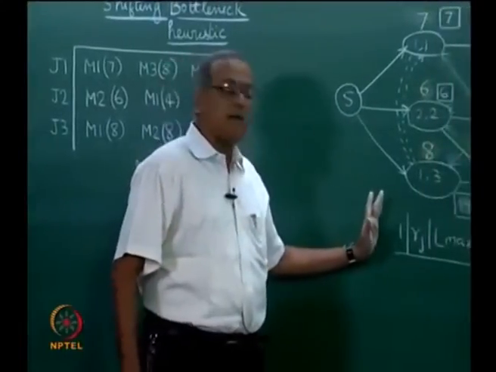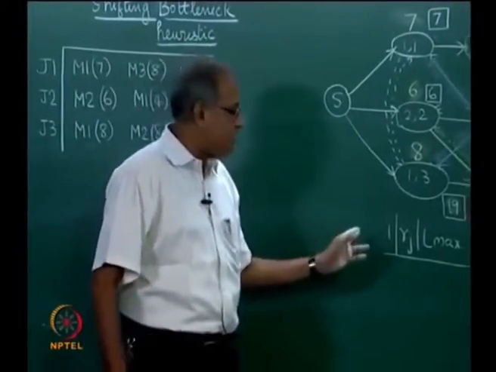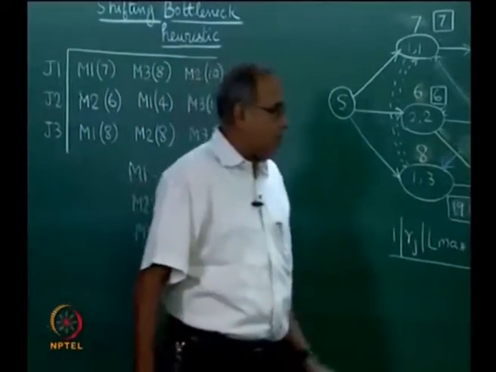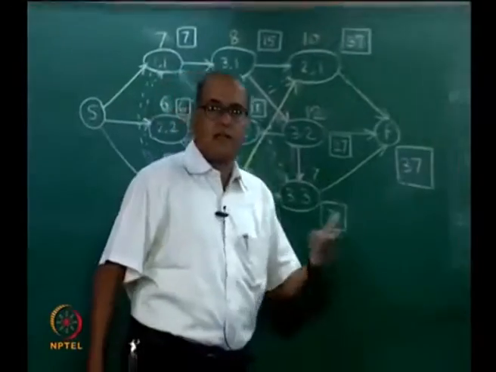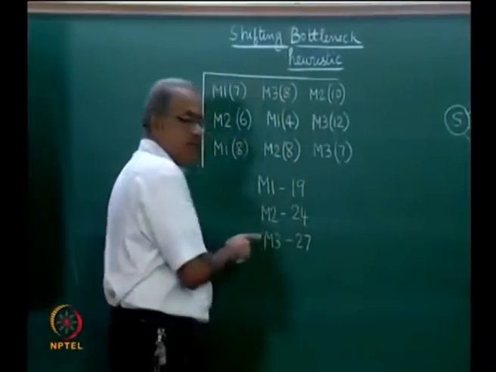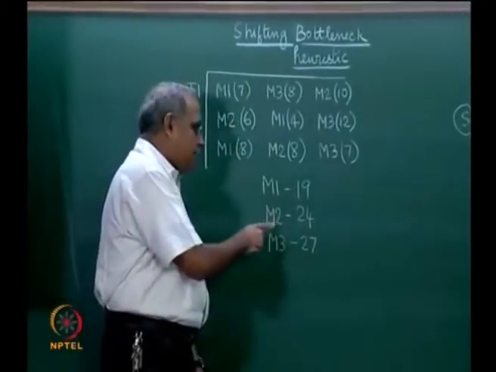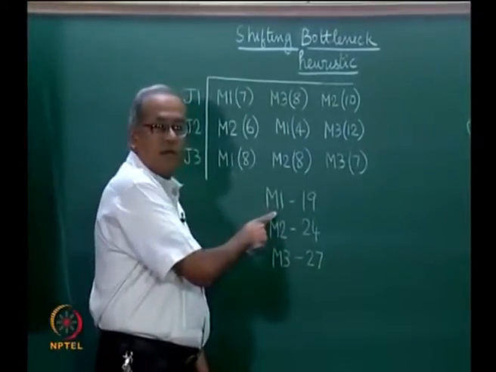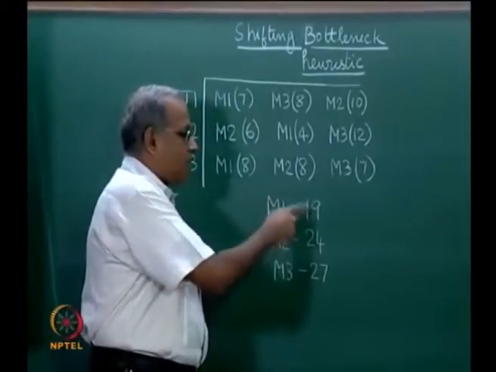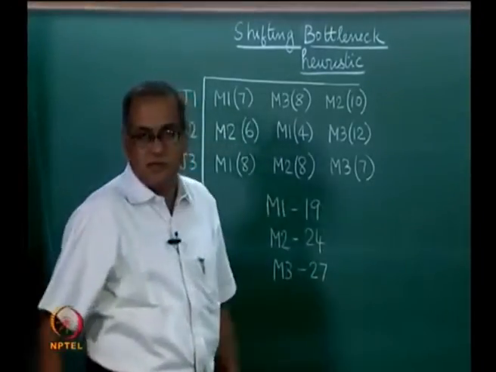Therefore, we are convinced that we can use the 1 | rj | Lmax on a single machine and apply it sequentially on the machines. The thumb rule that we used here, we first did it on M3, then on M2 and then on M1, because our choice was based on the workload on each of these machines.